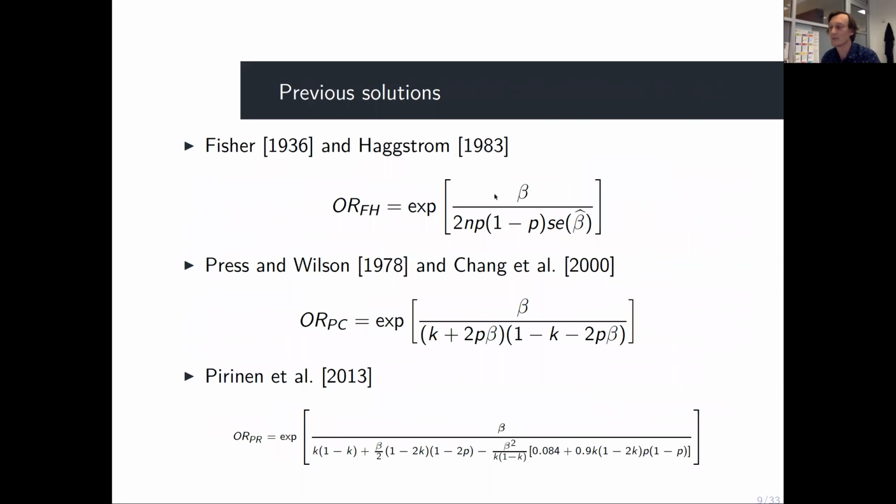So I wanted to put up the solutions to this problem by Fisher and Hagstrom, by Press and Wilson, and then Chang, who formalized it for summary statistics, and then Pirinen's solution, so that we could highlight that they seem to all be a function of similar things.